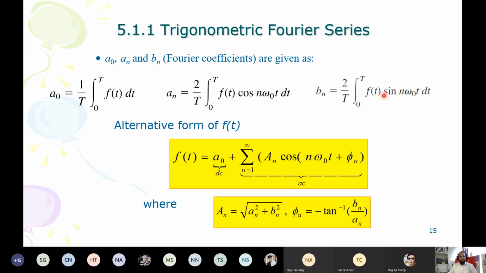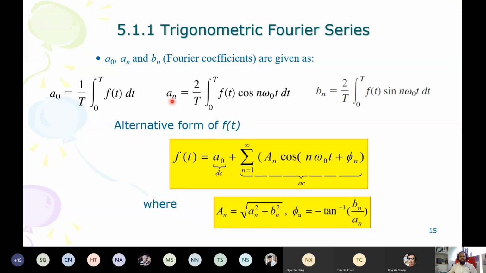An alternative form of f of t could be, we combine them and write them in phasor form. We'll come to this in detail, but this could be one way to show it, combining a n square plus b n square. If you remember, cos square and sine square could be combined with the tan inverse. So each of these a n and b n can be combined into a single A n, which will be the square root of a n square plus b n square.